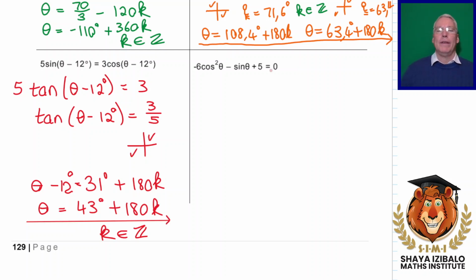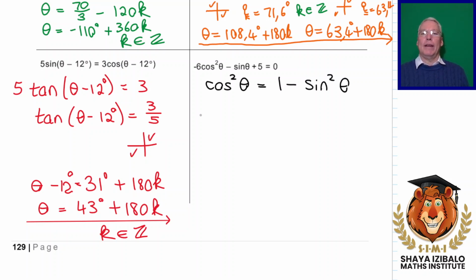The last one is a trinomial. Yeah, but it's a trinomial in a little bit of disguise, because what we're going to need to do is switch out cos squared theta with 1 minus sine squared theta.